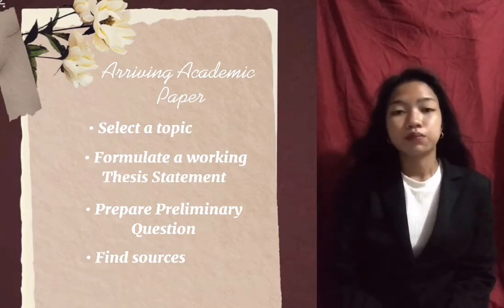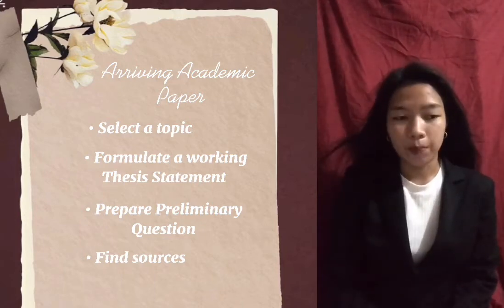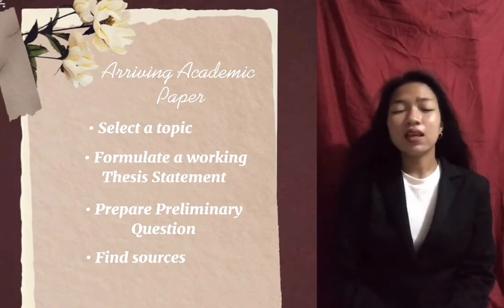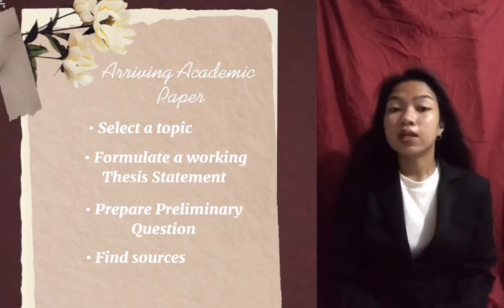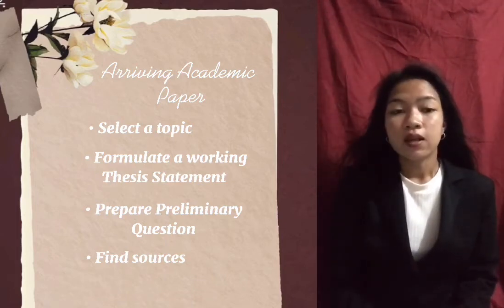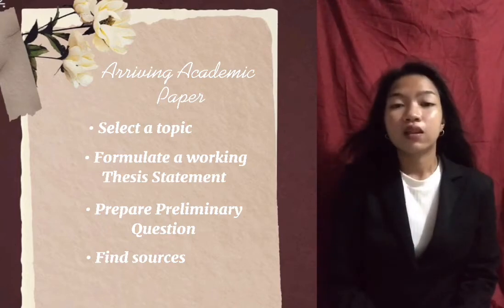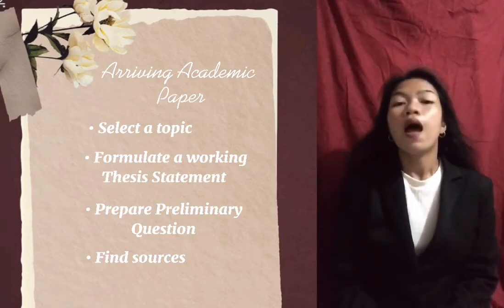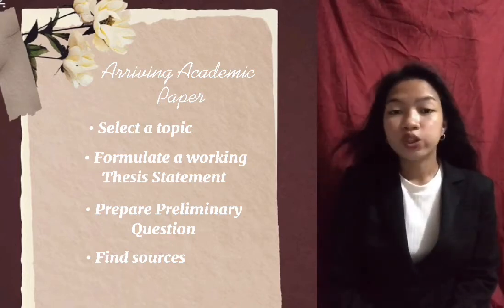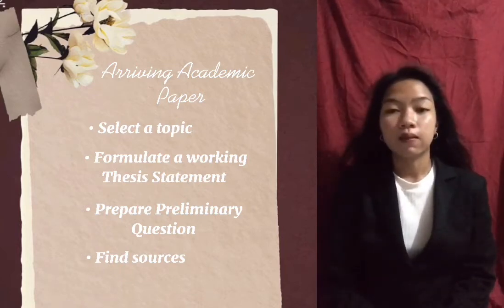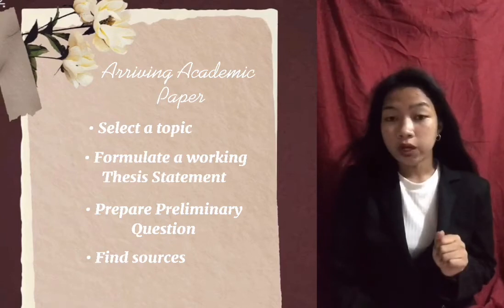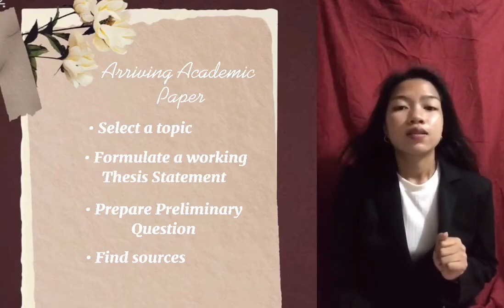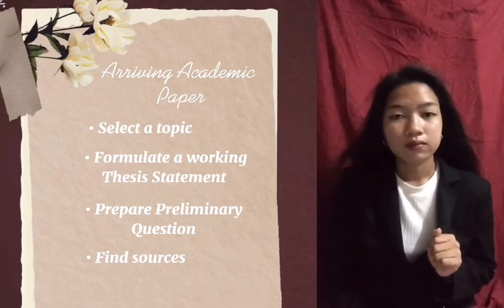So first, you need to select a topic. Selecting a topic in an academic paper is very important because this gives your paper the direction, and this will serve as a guide and will limit what should be put into it. Take note, you cannot start your academic paper without selecting your topic.